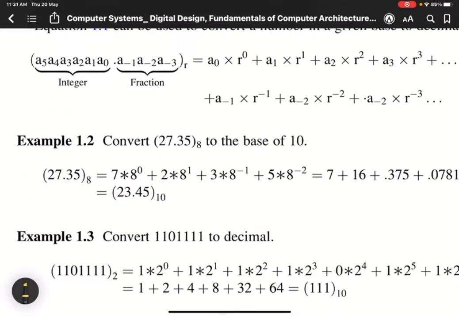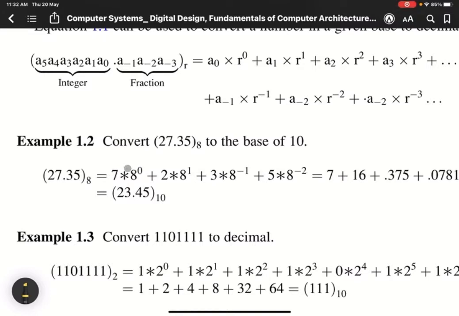For example, convert 27.35 base 8, octal, to the base of 10. How do we convert? We line them up according to their position. In 27, 7 is in the ones, so we multiply 8 to the 0 power. Why 0 power?